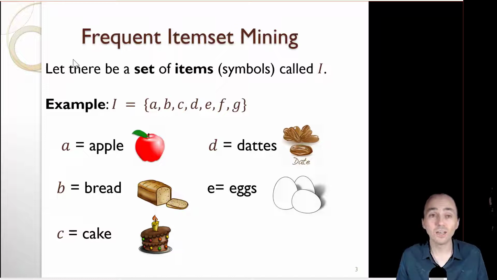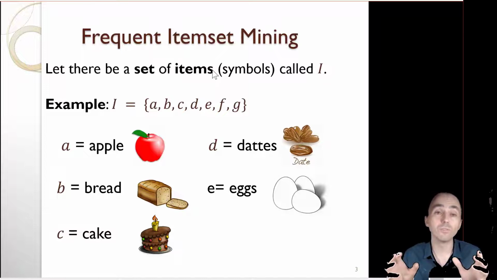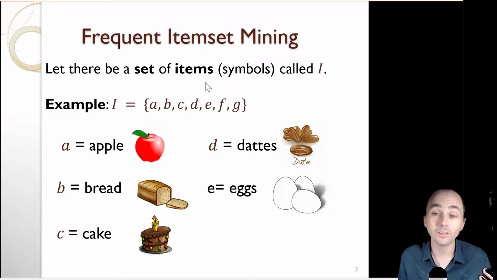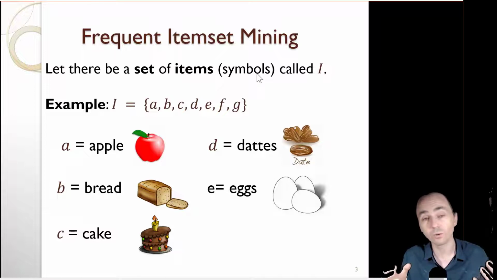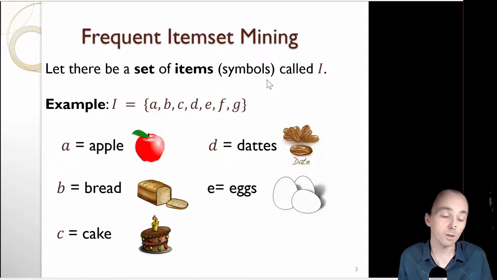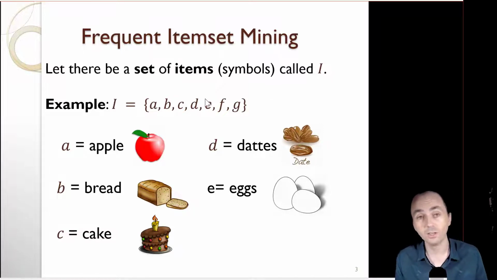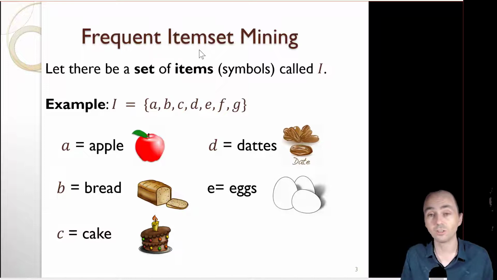So first, I will need to explain briefly what is frequent itemset mining. Frequent itemset mining, the goal is to analyze the database where we have some values we'll call the items. An item means some symbol, some categorical value. So here, for example, to make it simple, I will use the data about shopping, but it could be other types of data.